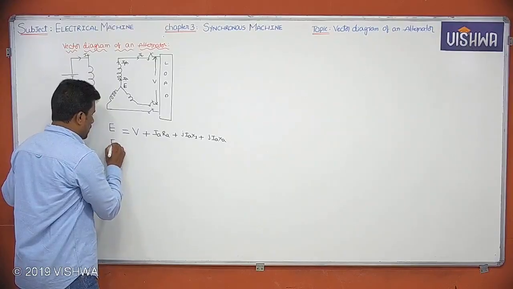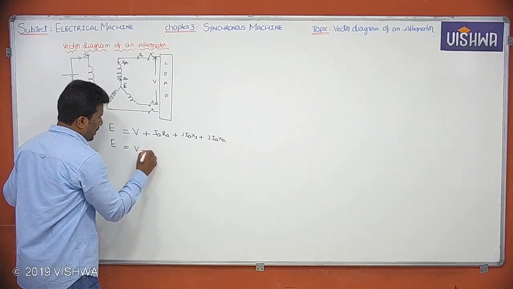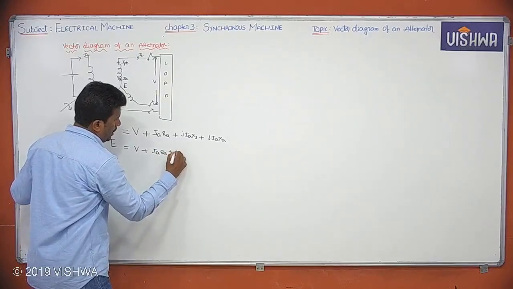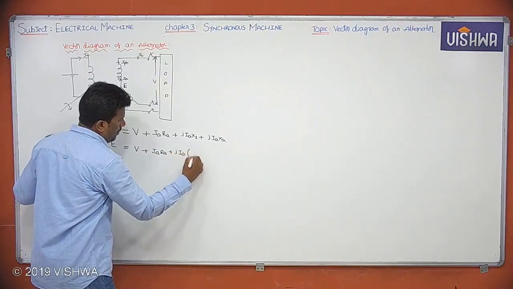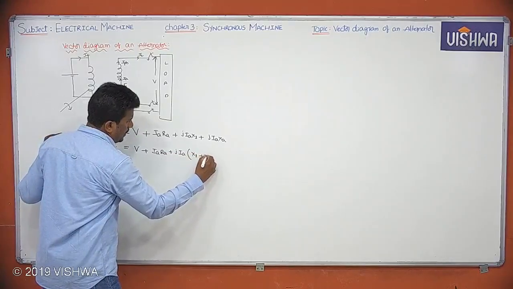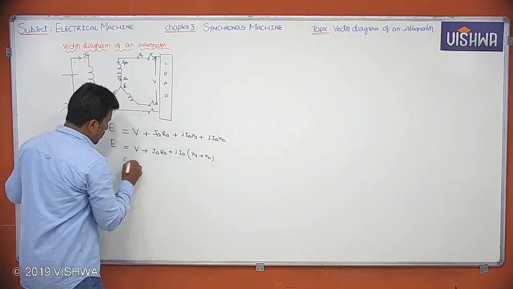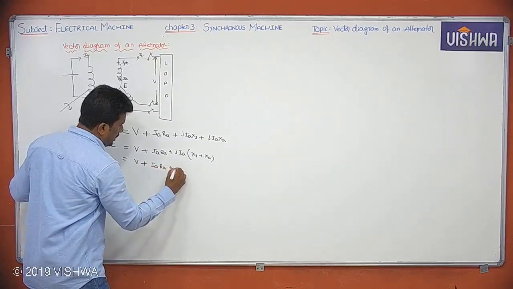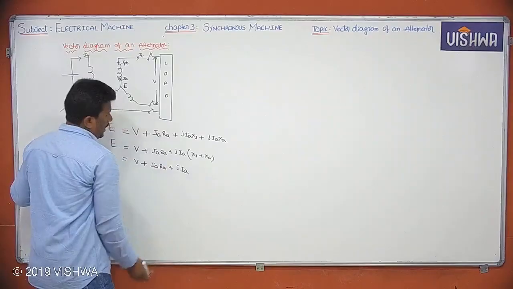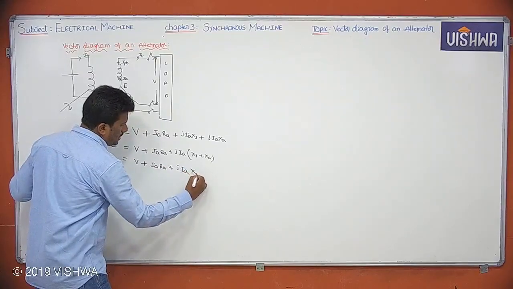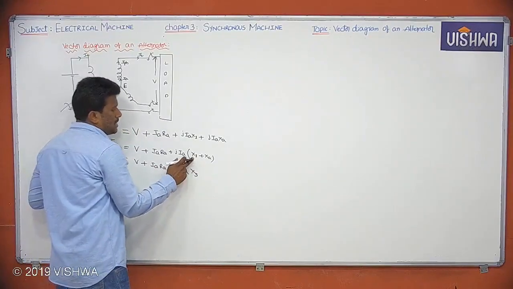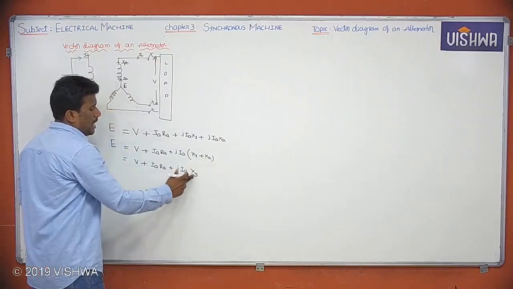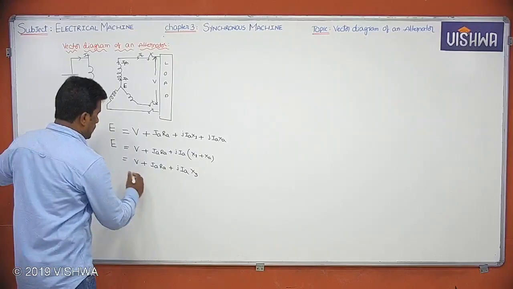Now from this, E equals V plus IA RA plus, if I take j IA common, XL plus XA. XL is the leakage reactance, XA is the armature reaction reactance, and XL plus XA equals XS, the synchronous reactance.